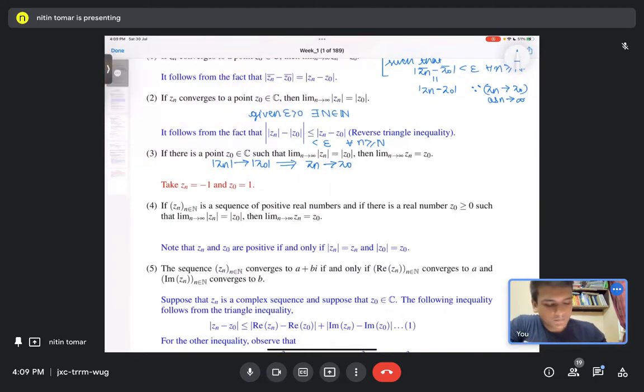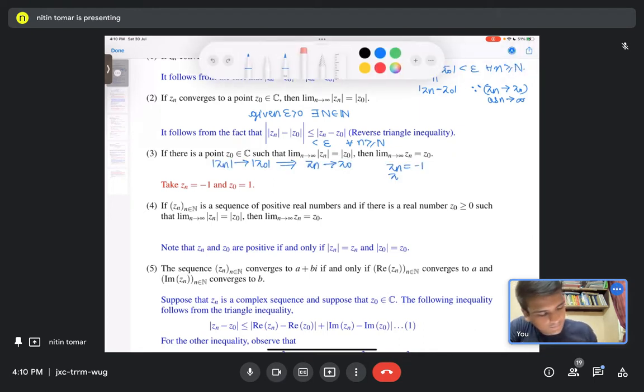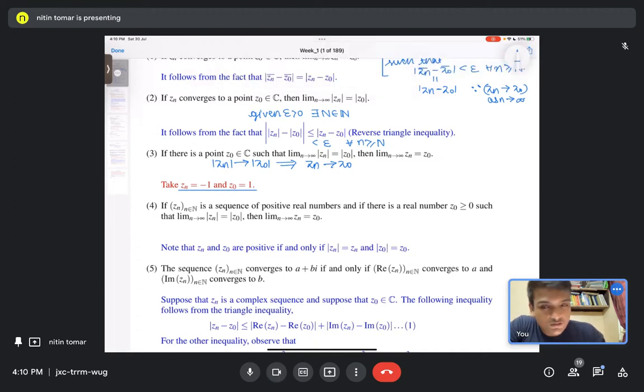So what do you think? Take Zn to be minus 1, and Z naught to be 1. Then its modulus will be 1, and the modulus of Zn will be equal to the modulus of Z naught, which is equal to 1.